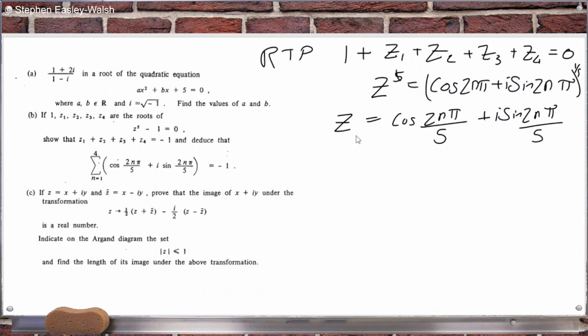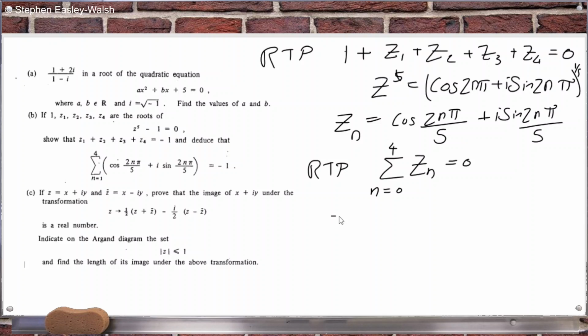If you index this as n, then z0 will be 1, and z1 will be this one here, and z2 will be this, and z3 will be this, and z4 will be this. So now we're required to prove that the sum of zn is equal to 0, where n is 0 to 4.